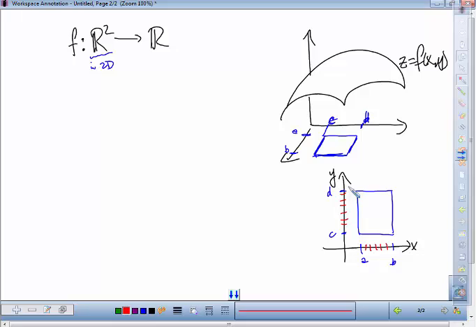So we now have a partition for our region, which is going to give us two-dimensional rectangles, squares if it's all nice and square. But we're not guaranteed squares here, so we're going to have these cuts.